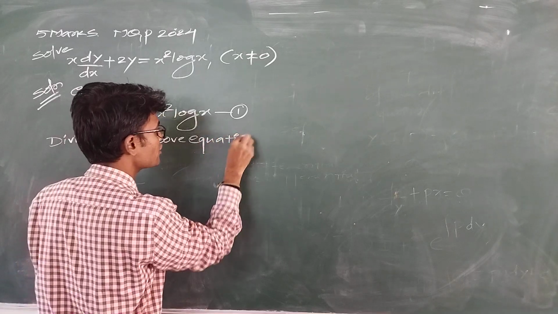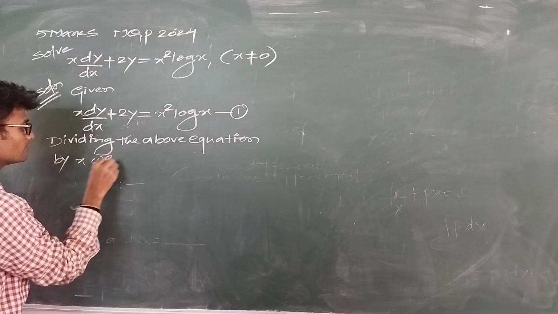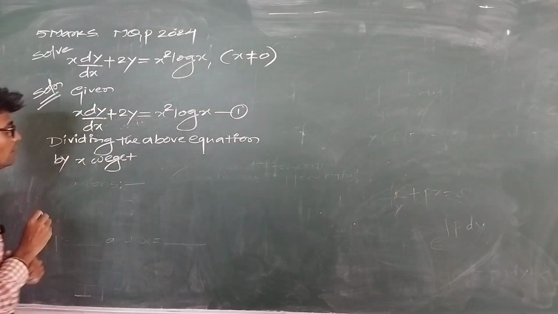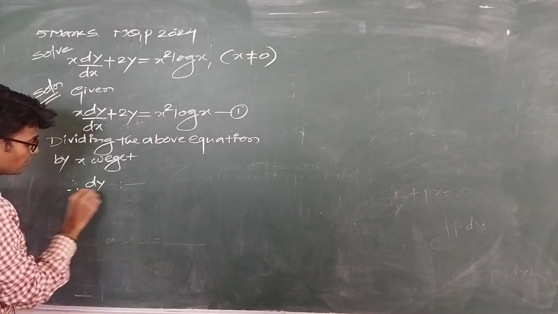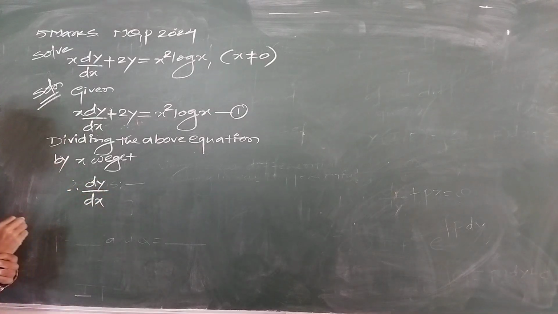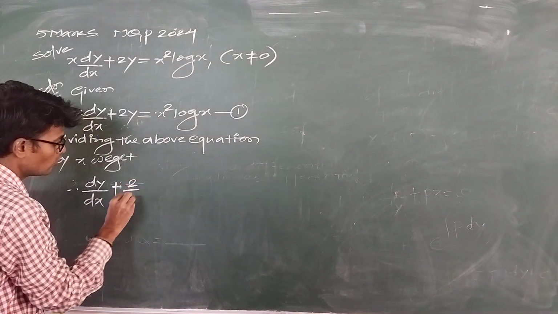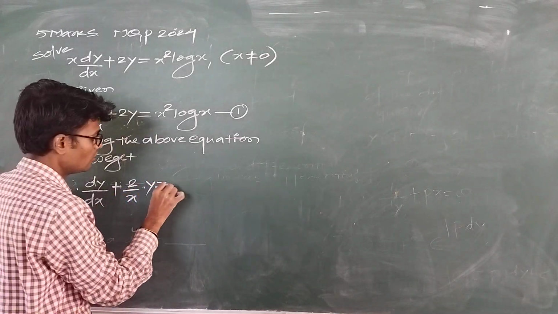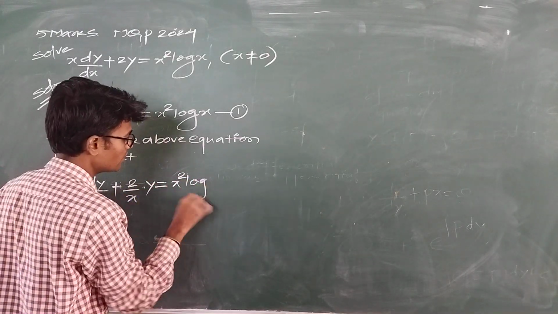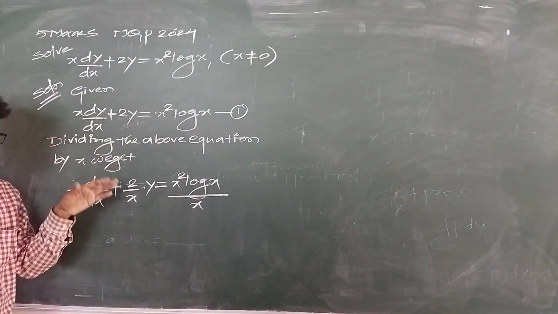Dividing the above equation by x, we get dy by dx, since x divided by x is 1. Dividing the other term by x as well, it becomes 2 by x into y is equal to x square log x divided by x, because we are dividing both sides by x.